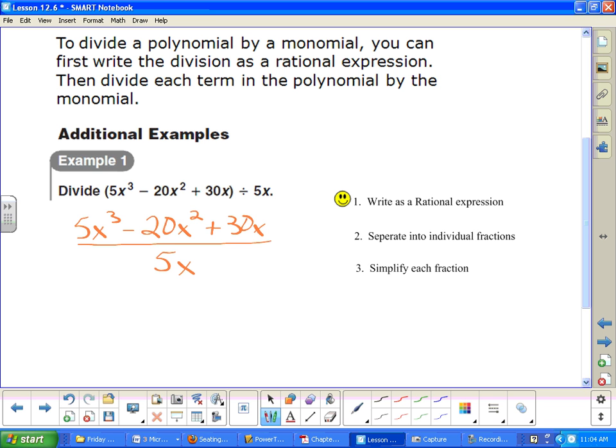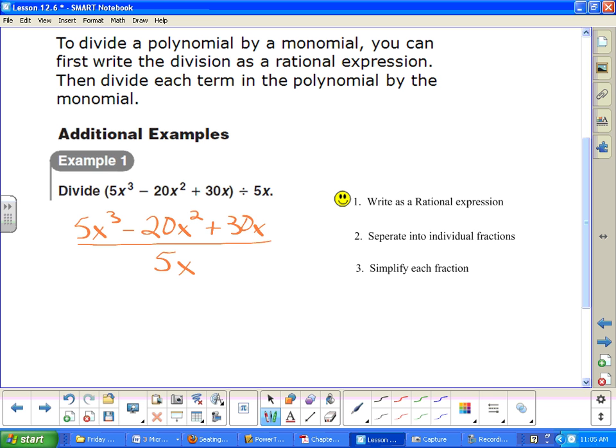Now, what do we call this 5x? If we were adding fractions together, what would we call this? It would be the common denominator, right? It's the common denominator for this whole thing. So if I'm adding fractions together and I have a common denominator, I can write them all over that single thing, right?